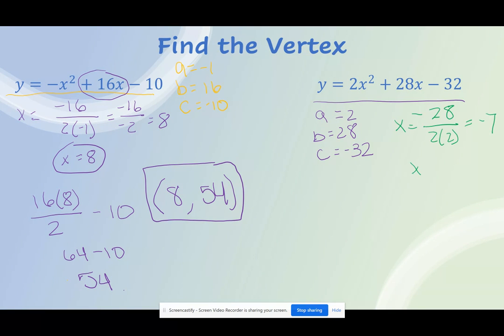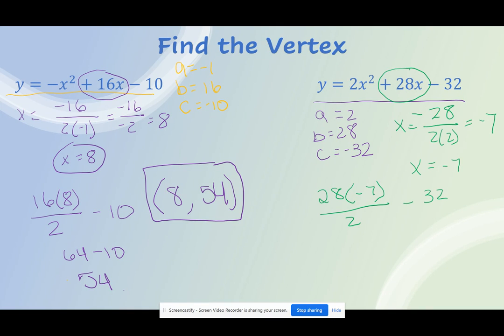And now we're going to use this x equals negative 7 to do the same thing we did on the left side. So we take our 28x, but plug in negative 7. Always divide it by 2, and then add on your plus c.